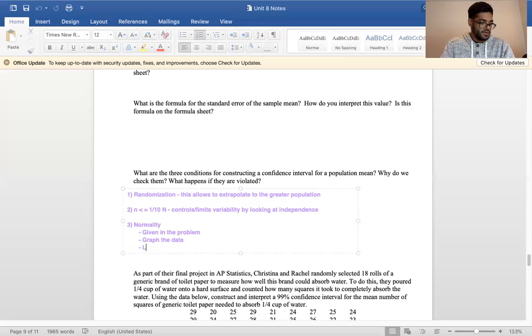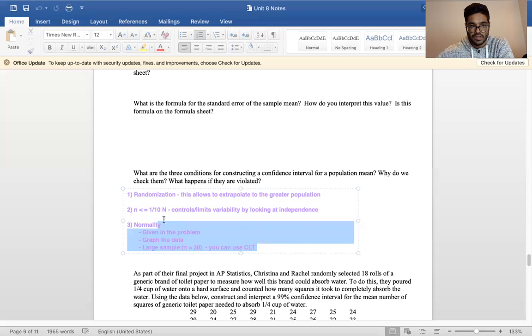Or last one, you have a large sample where n is at least 30, and so then you can use CLT. One little thing is if you know your data is strongly skewed, do not use the t-distribution. But again, it's going to go back into checking your conditions before you even attack these problems.